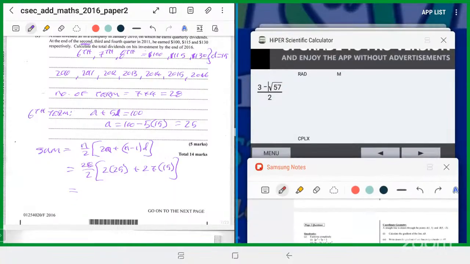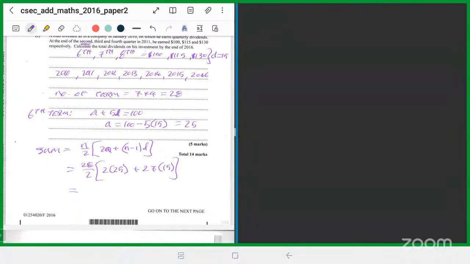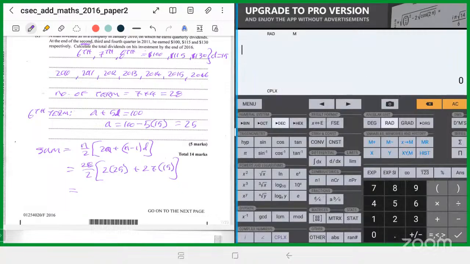We calculate the total dividends, which is the sum. So 28 over 2 is 14.